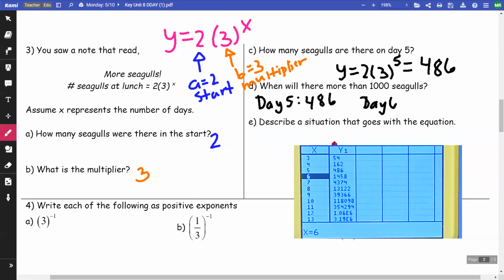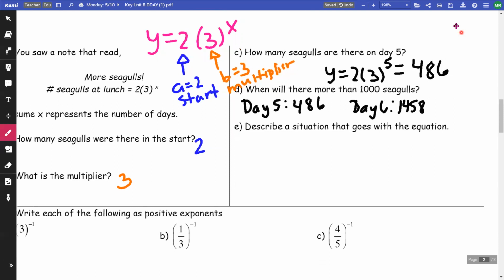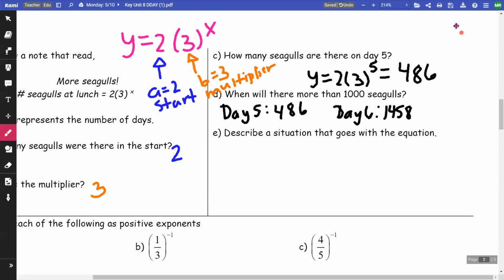Day 6 is 1,458. So in between day 5 and 6, okay, or by day 6, there'll be more than 1,000.